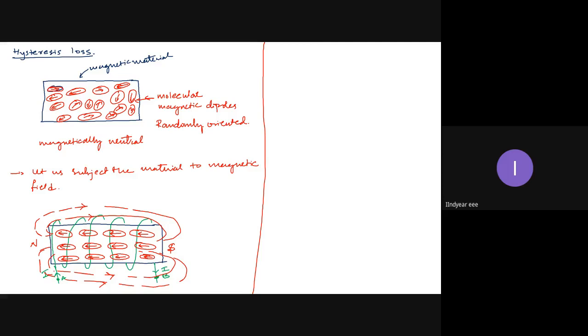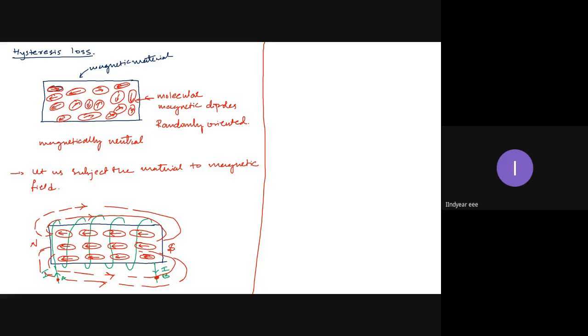After every half cycle, the direction of current changes. Now, when the direction of current changes, what should be the direction of these molecular magnets? When the current is entering terminal A and exiting terminal B, the orientation of molecular magnets is towards left. If the direction of current was from B to A, the orientation would have been towards right, right?